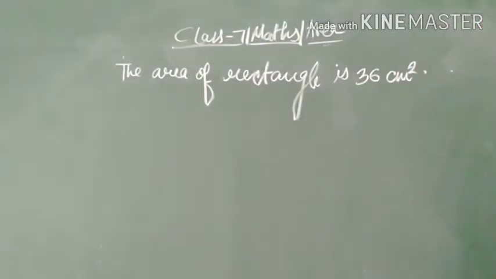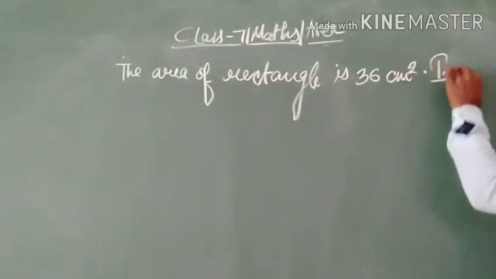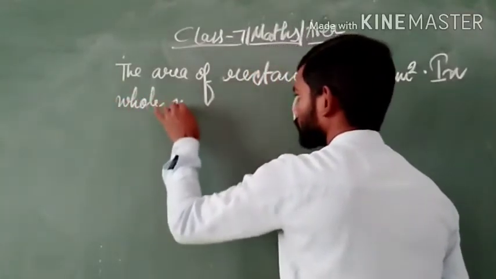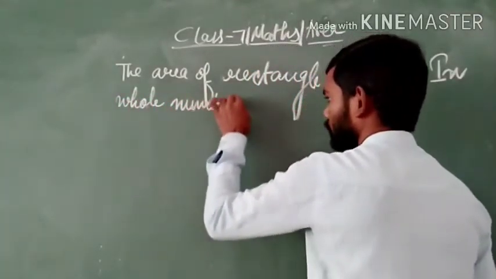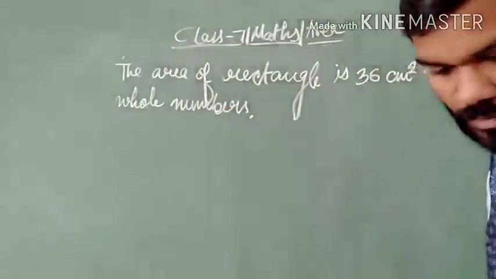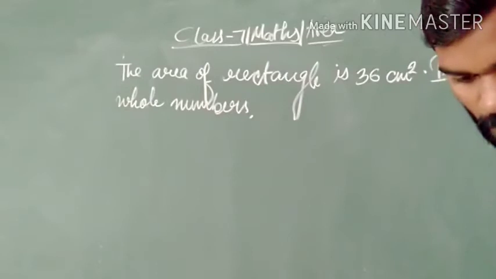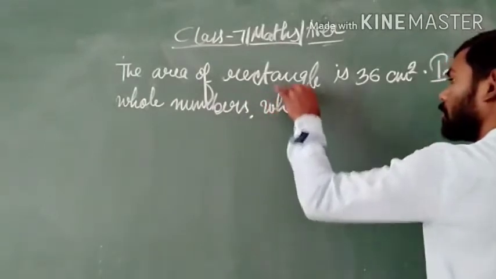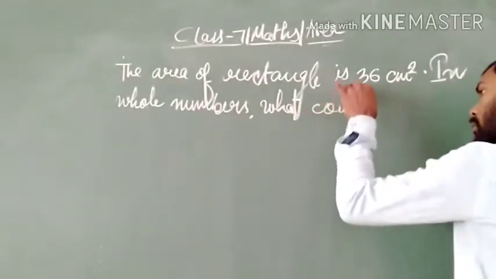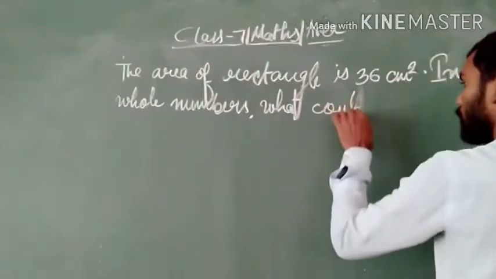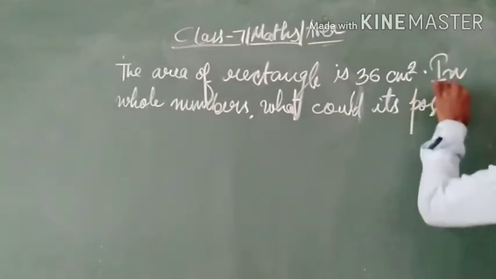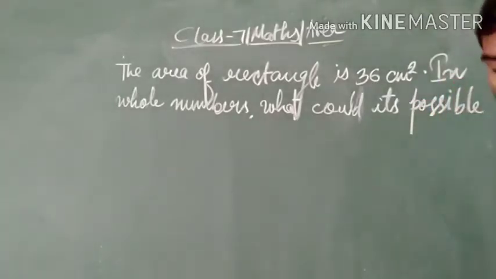In whole numbers, what could be its possible length and width?